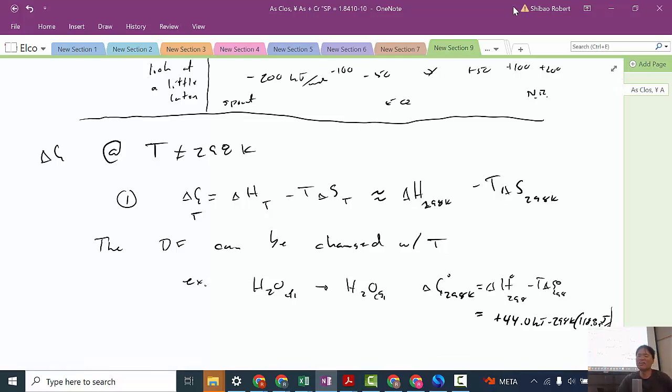Then I'm going to have to convert either kilojoules into joules or joules into kilojoules. I'm going to convert kilojoules into joules. So I'm just going to go 44,000 joules minus 298 times 118.89.